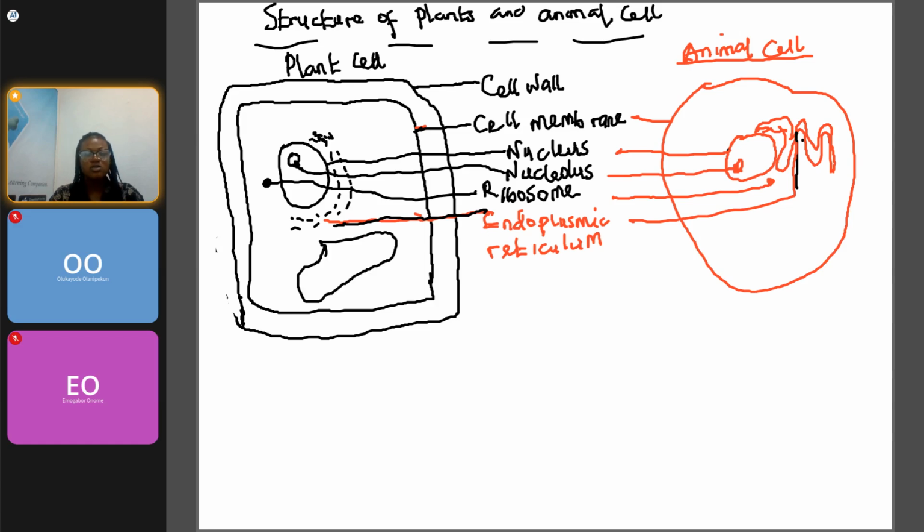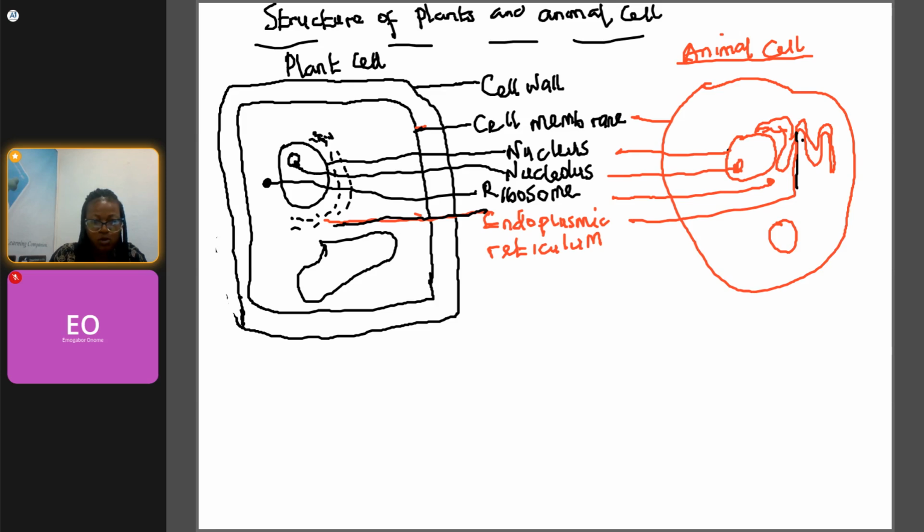Okay, so here is the vacuole. There's something we call vacuole. Both the plant and animal cell have vacuole. Okay, so we label this as vacuole. Also this as vacuole.